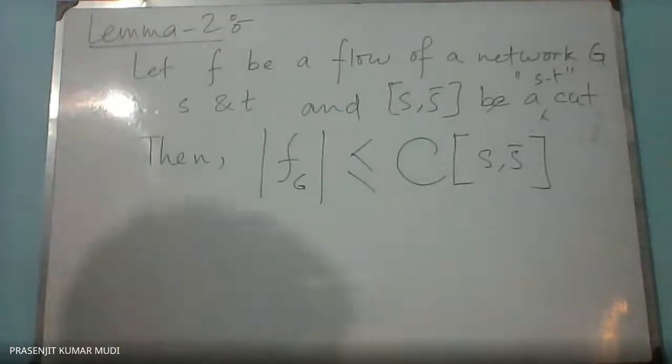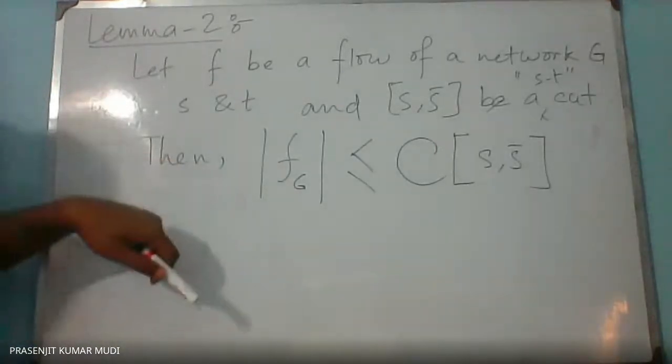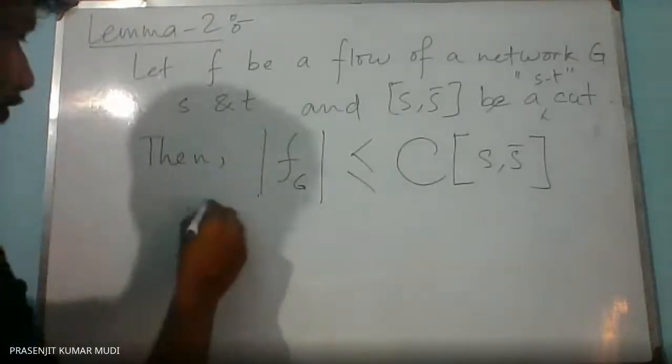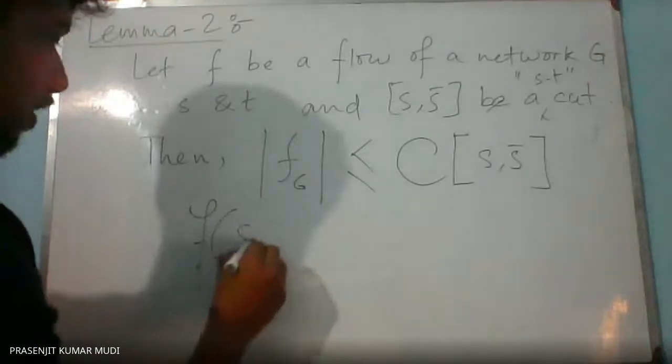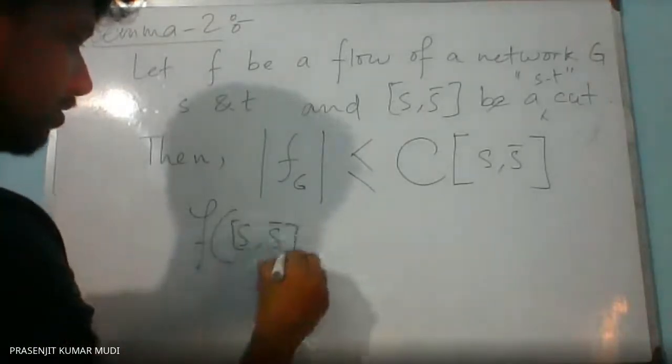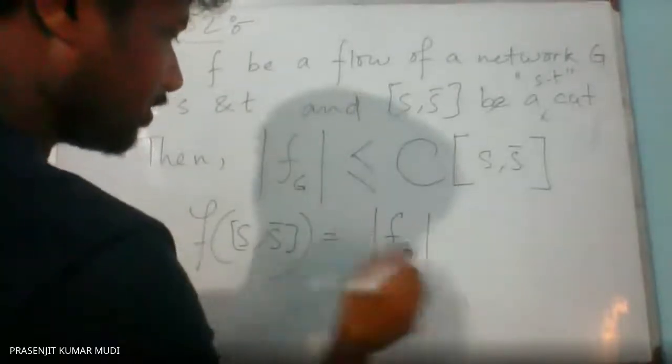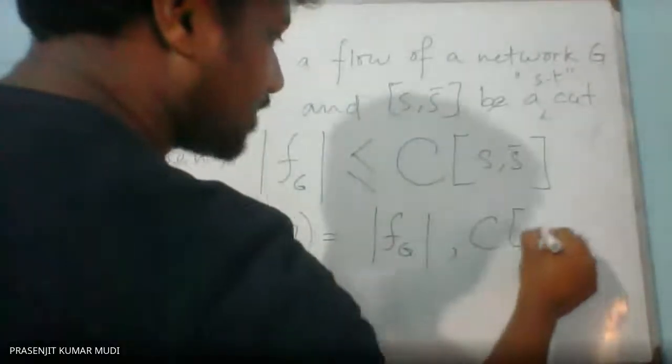Again, very easily we can prove it. If we think a little bit, we can prove this. We will talk about or prove this some other day. So far we have introduced ourselves to F of G, and C of (S, S bar).